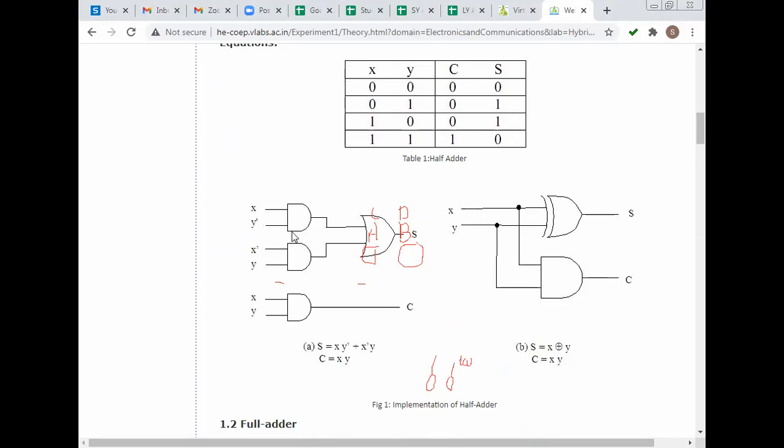X, X bar, Y, Y bar or X, X dash, Y, Y dash. Okay. So this is the half adder diagram. These two inputs are connected with an XOR gate. Here is the C. What is the C condition? Only an AND gate is there, meaning when both inputs are high, then only the output is high.